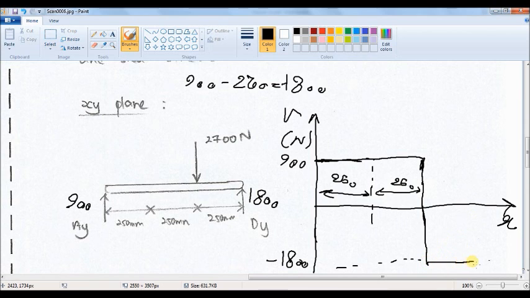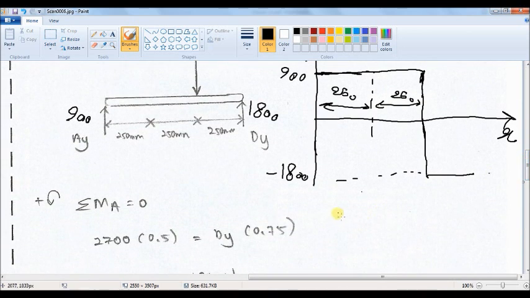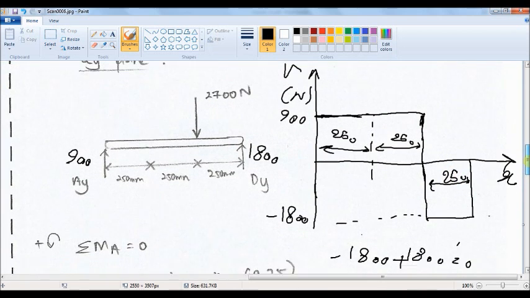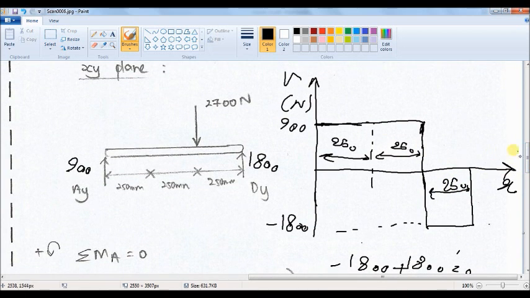And then I continue up to the next location. In the next location, negative 1800 plus positive 1800, this time this load is in positive direction, so equals 0. And then I will draw a line to the 0. So this is our shear diagram.